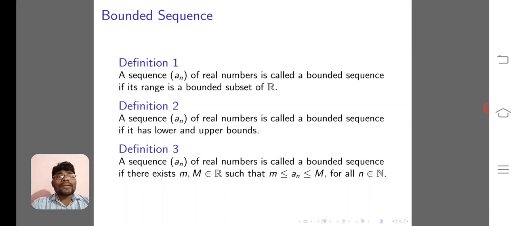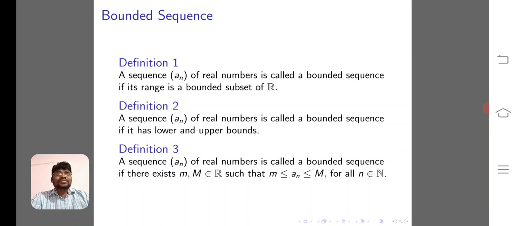Now come to what is a bounded sequence. We have several definitions here. A sequence (a_n) of real numbers is called a bounded sequence if the range of the sequence is a bounded subset of R. A bounded subset of R means the subset must be bounded below as well as bounded above.